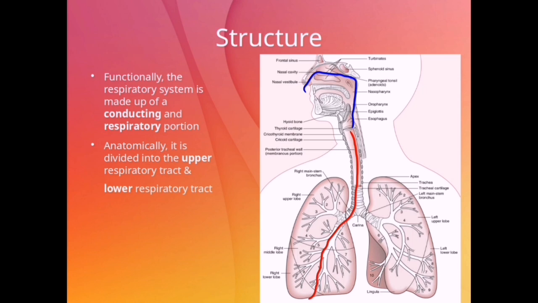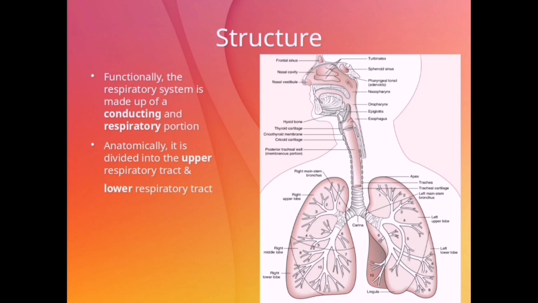Physiologically, our respiratory system is divided into a conducting portion and a respiratory portion. The conducting portion is responsible for cleaning the air, moistening it, and warming it, and provides a passage of the air from the nose to the respiratory portions.